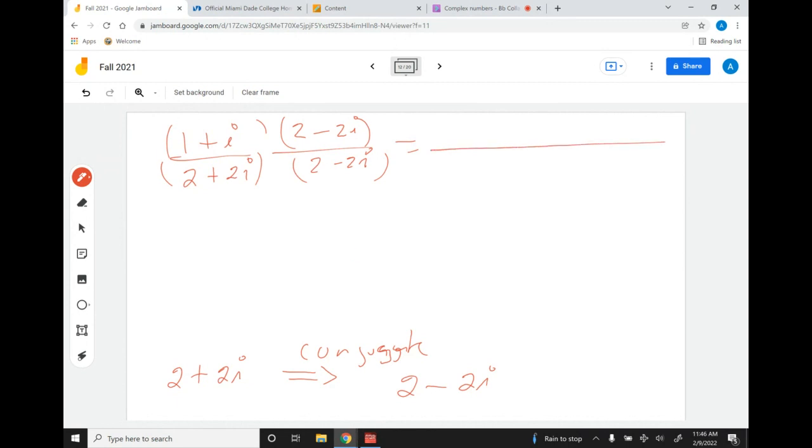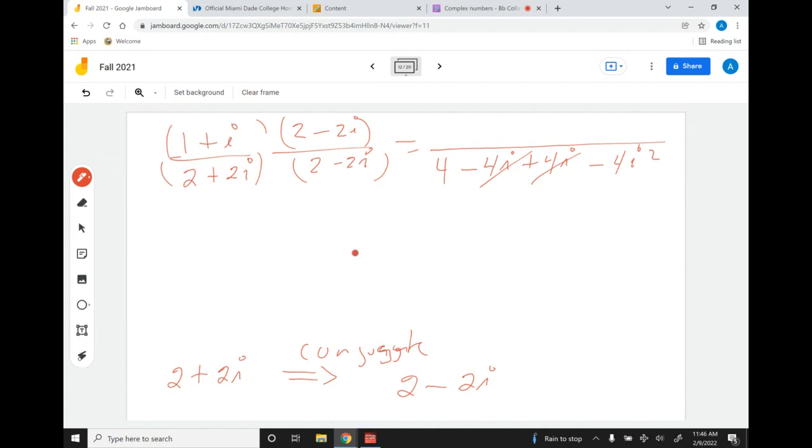Now, I will continue to write the middle terms, but they will cancel anyways when you multiply two conjugates. So here they are: 4 minus 4i plus 4i minus 4i squared. There it is, you see, they cancel.